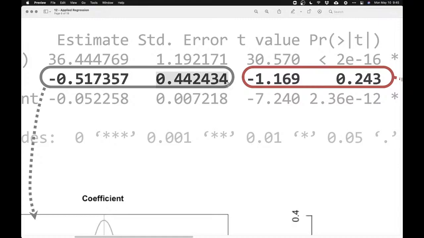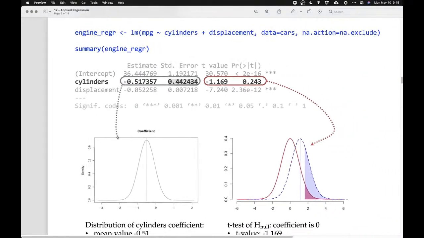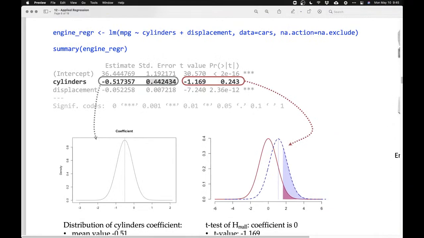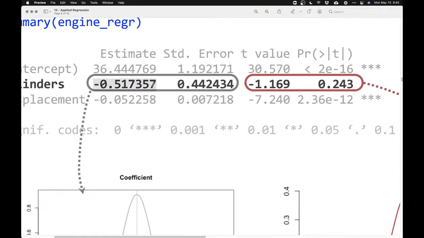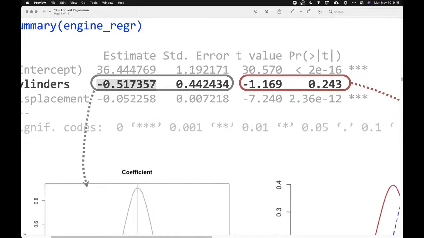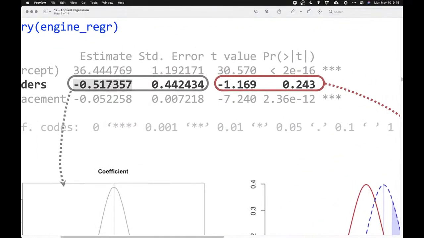So it could be 1.96 standard errors to the left or right. We can use this standard error times 1.96, positive and negative, to either side of this estimate to get a confidence interval of this estimate. And in doing that, we can perform a t-test, and this is the t-value that they give you.